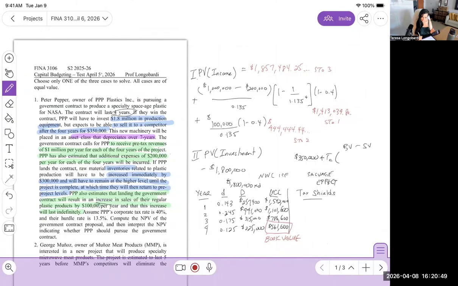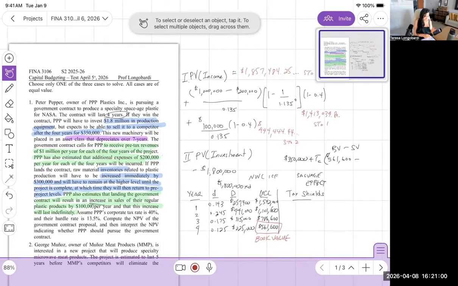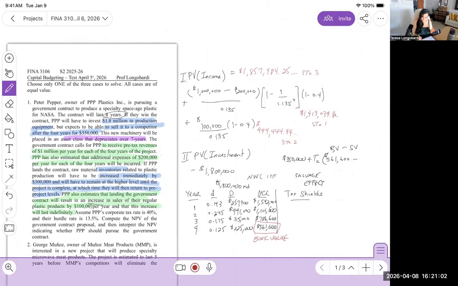And the mathematical equation to capture all that is like so, right? We put the salvage and then the tax effect times the book value, 561,600 minus 350,000.